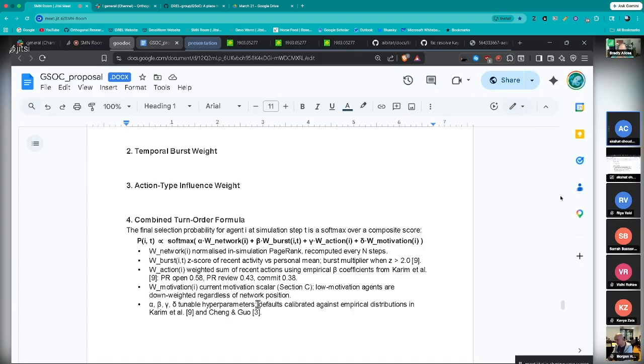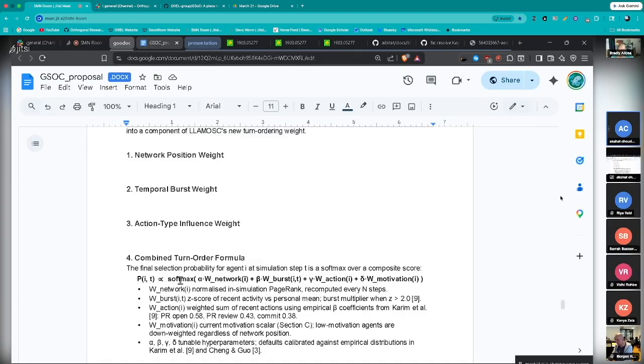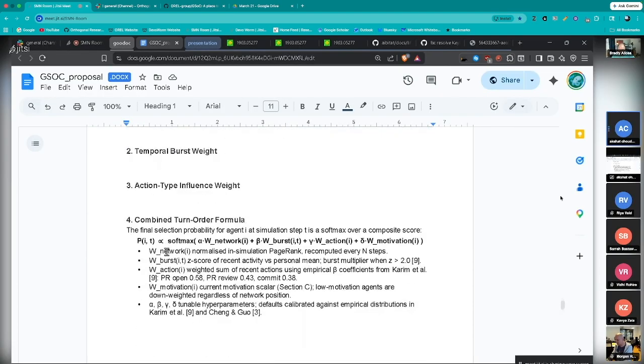Yeah. So I haven't actually worked on this. I ran out of time, but I'd like to give the gist of it. So we have the probability of an agent taking an action, and this probability will be calculated, first of all, on the basis of the motivation.